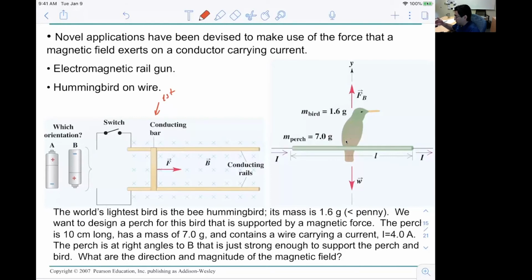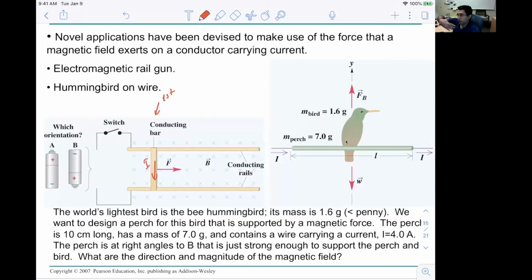Actually, first you need to find the direction of the current, so you need to use the right-hand rule. Let's say the current is in this direction, and the magnetic field is into the page. So I, B, but the force is going to be opposite, to the left, which is wrong. So then the current should be down.